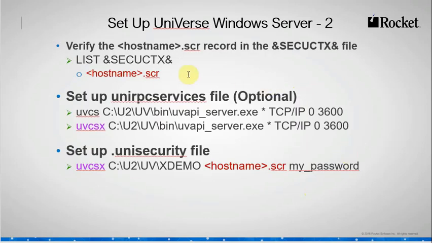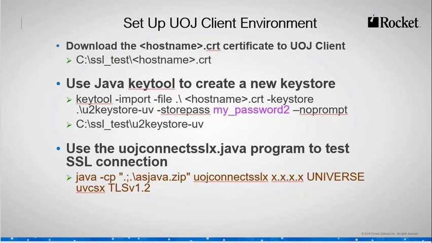Same thing, you need to verify the SCR was successfully created, and also update the UniRPC services file and .unisecurity file. On the client side, you just get the server self-signed certificate and put it on the UOJ client.